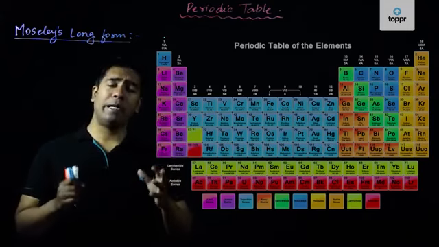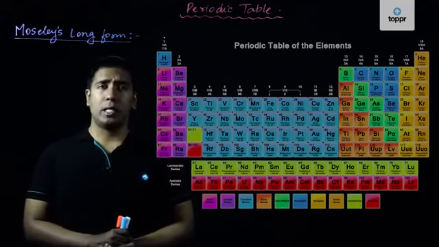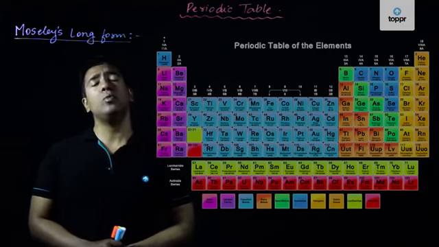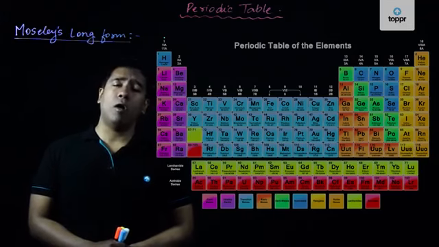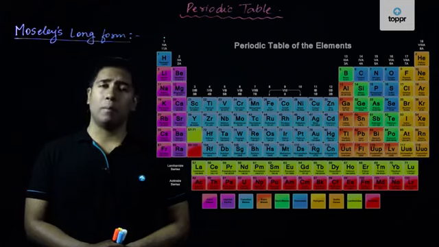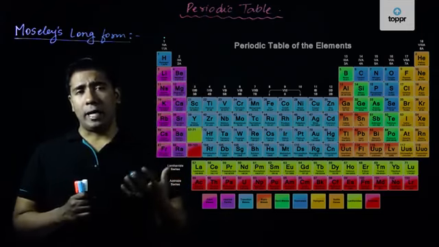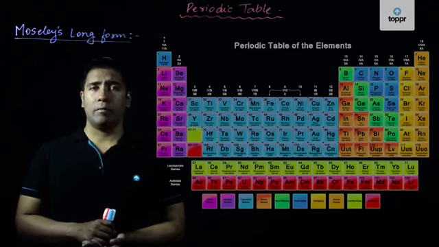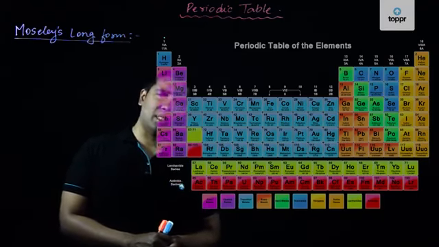What Moseley specifically did was that he was the first scientist to plot a graph of the frequency of the emission, given out in the form of X-rays when different elements were bombarded by cathode rays. We all know how X-rays are formed, right?